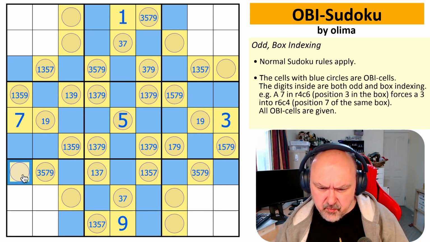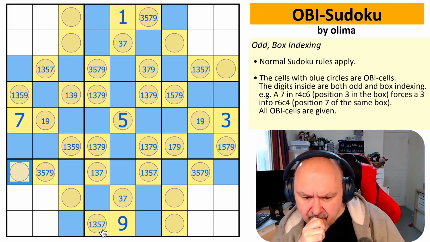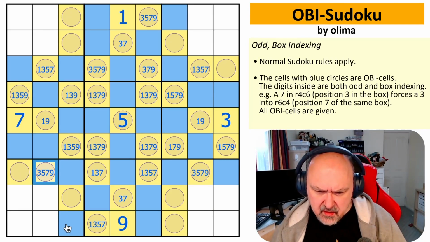It's 9 I can't put there. Because if I put 9 there, that becomes a 1. But I can put a 1 there. I can't put a 9 there.